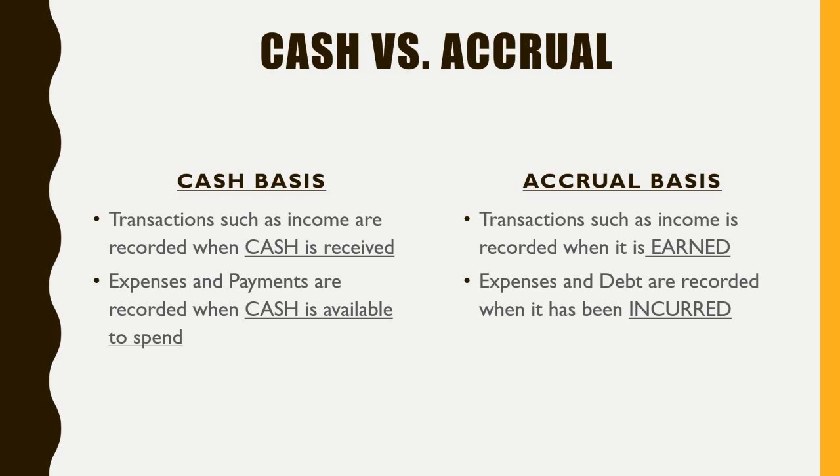You're still selling the product to this customer even though they said I'll pay you back later. They're writing you an IOU. Even though you didn't receive a penny for it, you sold the product, you earned it, so you're going to record that revenue. That is accrual basis. This is where accounts receivable and accounts payable come into play.